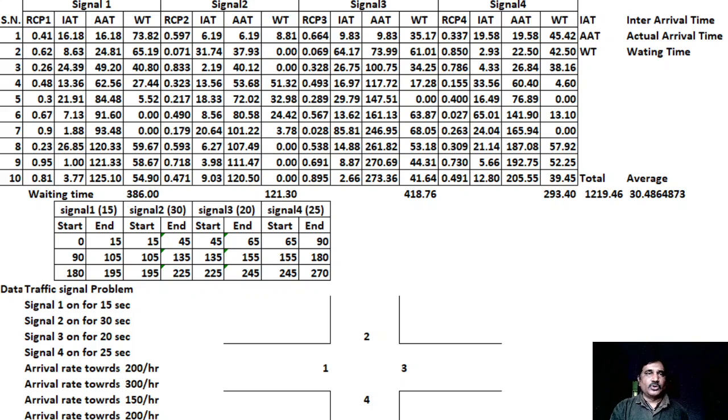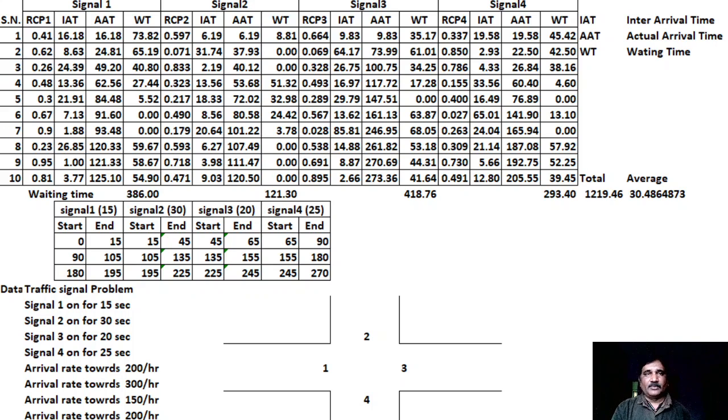So we have in our simulation table sections, each section for a particular signal: first section for signal 1, second for signal 2, third for signal 3, and fourth for signal 4. As far as the first three columns of any section are concerned, you will know how to have them in the table based on the problems we have seen in earlier simulations.